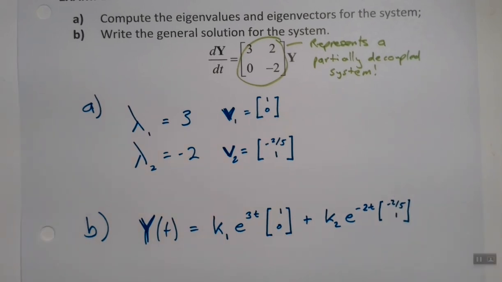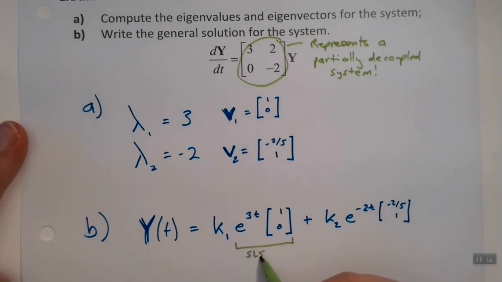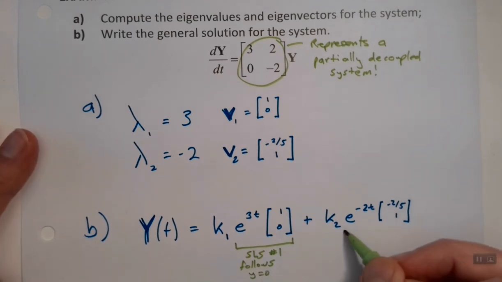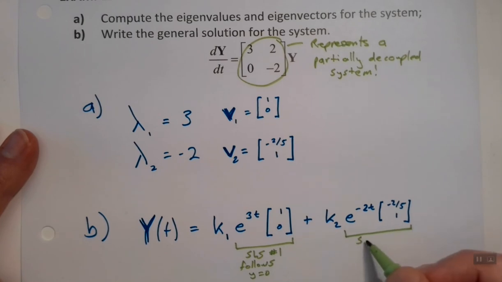And as before, you can see the two straight line solutions. So there's straight line solution number 1, and that follows the x-axis, so y equals 0. And right here is our straight line solution number 2, and that follows the line.